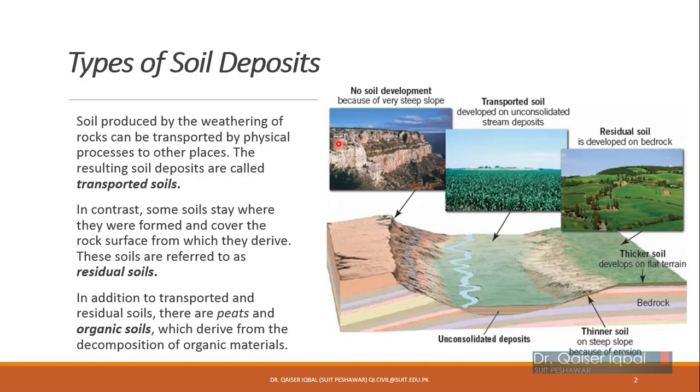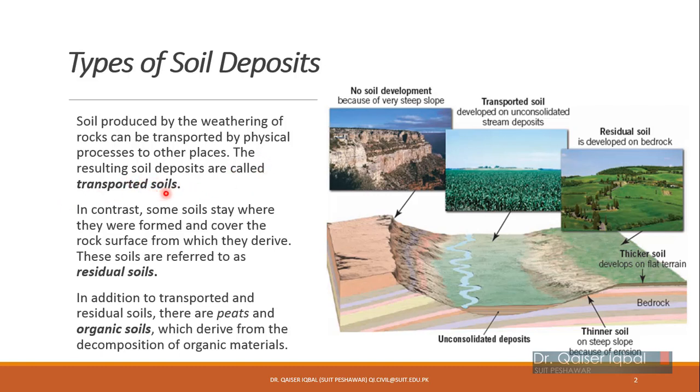So let's begin. Soil is produced by weathering of rocks, as we discussed in our last lecture. These weathered materials can be transported from where they occurred, separated from their parent rock by physical processes, to other places. The resulting soil deposits are called transported soils.